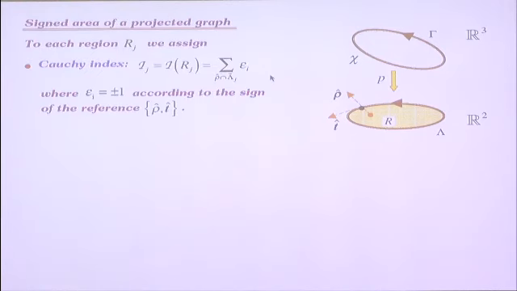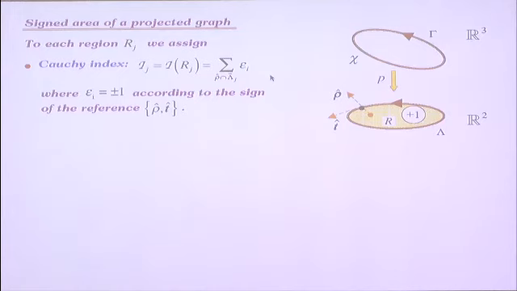You introduce an index. This index is an epsilon at this point, and this epsilon is an algebraic sign, +1 or -1, based on the fact that you construct the rho t, t being the tangent. If the rho t is a positive, right-handed frame, then you associate a +1 to this intersection point.